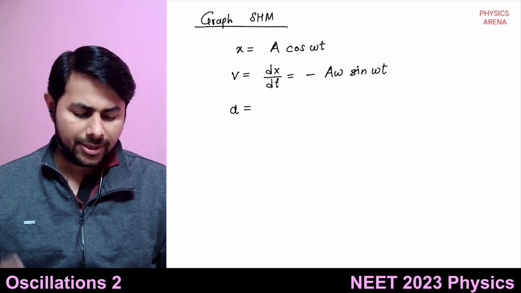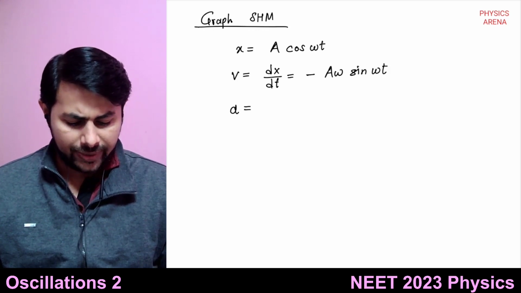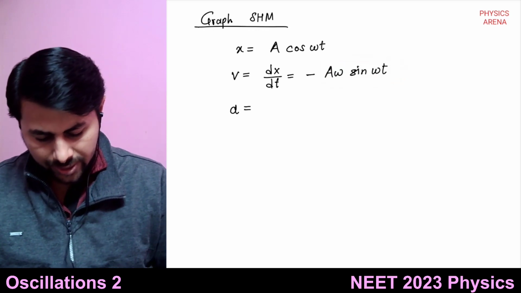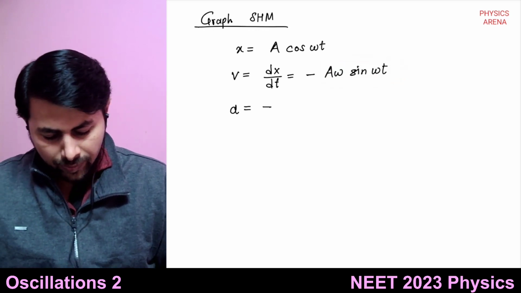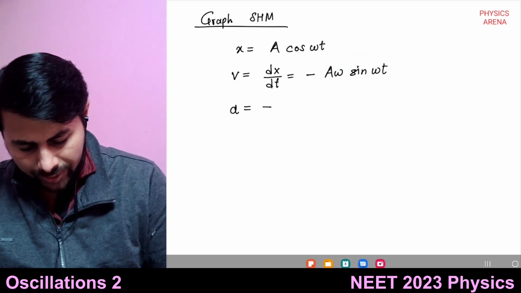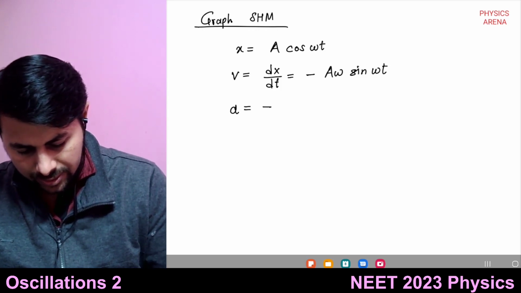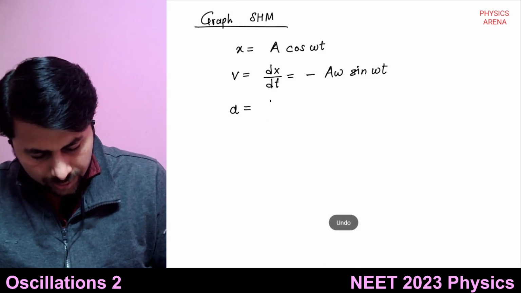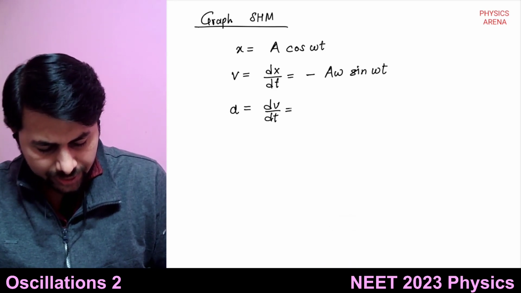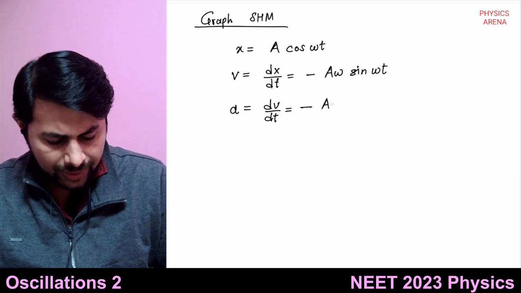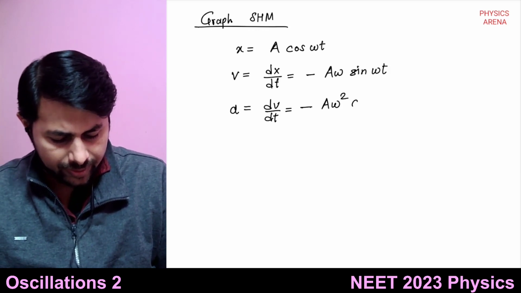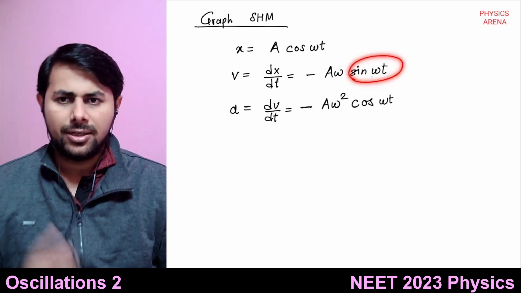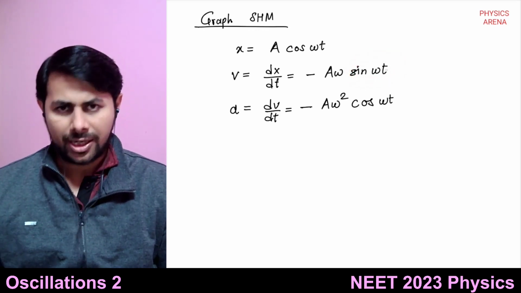We know it is minus omega square x, and by taking the derivative of velocity we can find that. dv by dt is acceleration, so it is minus a omega square multiplied by cos of omega t, since the derivative of sine omega t is omega multiplied by cos of omega t.